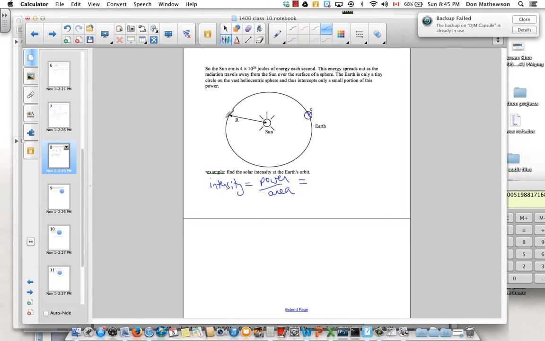With big R as the sun's orbit, and with P naught as the radiant energy from the sun, that's the 400 yottawatts, this is going to be P naught over 4 pi big R squared, where R is the distance from the sun to the Earth. Now, that is 150 million kilometers.